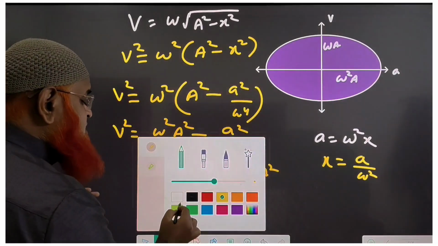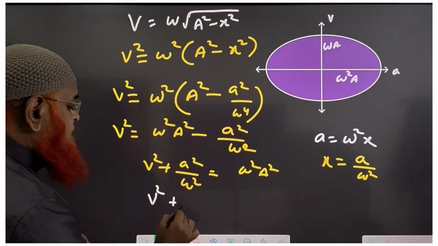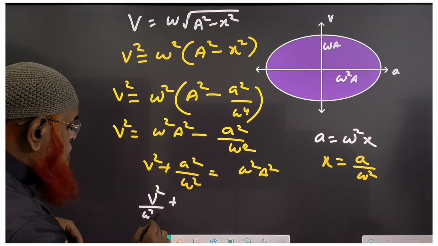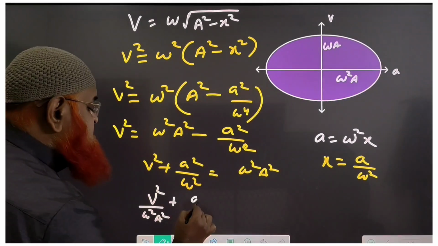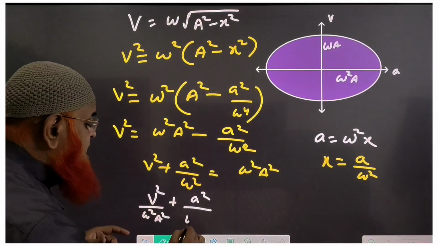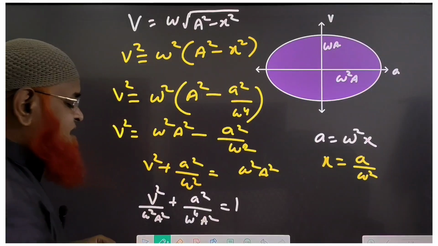Then finally, what are we going to get now? The simple thing is v square you write like that only, and this you shift downwards, which is going to be omega square a square plus a square divided by omega power 4 a square, which is equal to 1 here now.